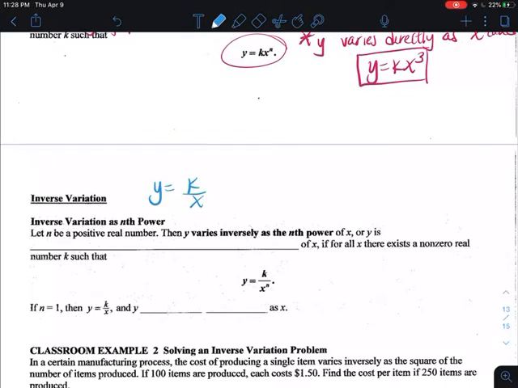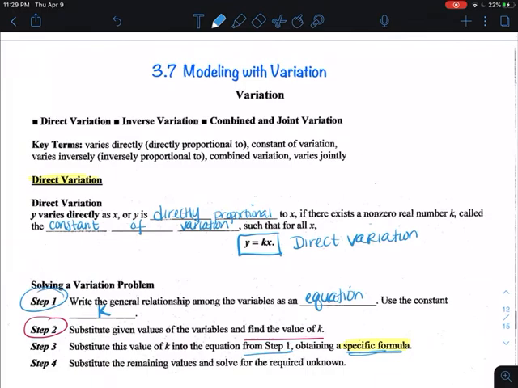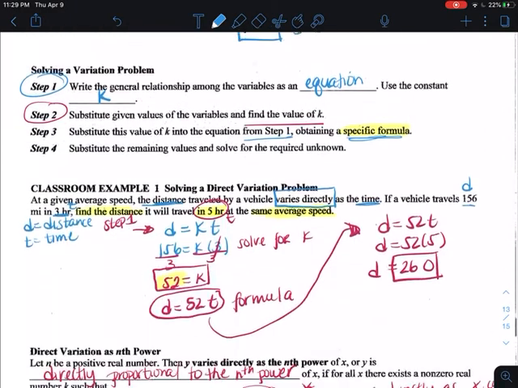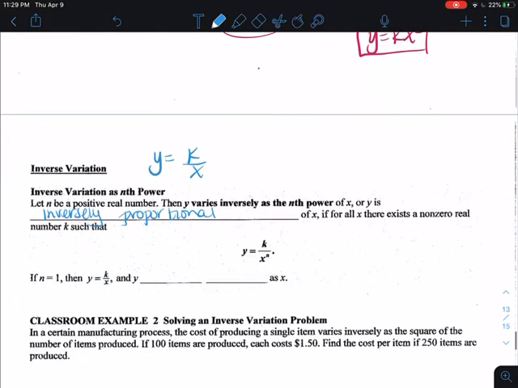Let n be a positive real number. Then y varies inversely as the nth power of x, or y is inversely proportional to the nth power of x. All right, let me see if I put that in. Let's see what word they're using. Yeah, inversely proportional to.